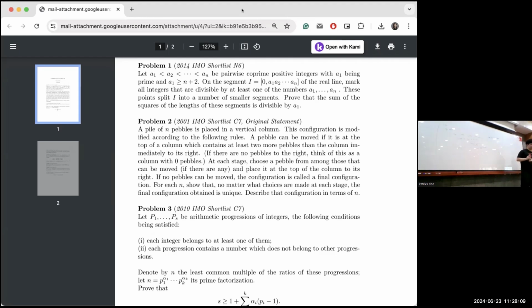Oh, and to explain more about the motivation of using induction, we were able to easily characterize the final configuration. So we know exactly what the final configuration looks like, and that partially motivates the usage of induction, because if you can fully characterize the predicted behavior of a sequence, it's much easier to use induction.